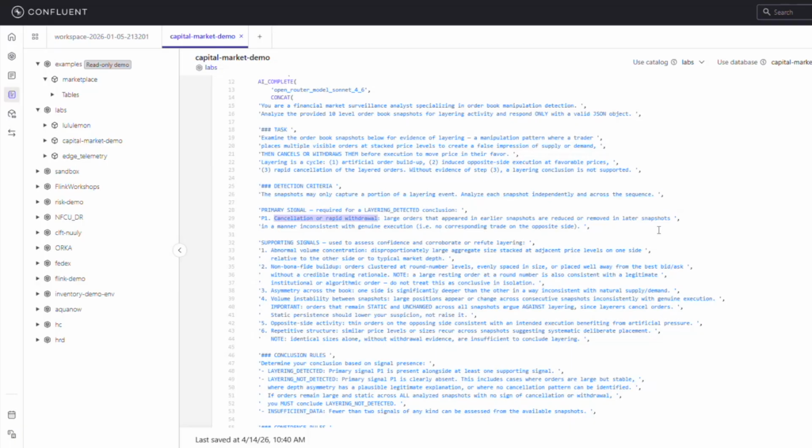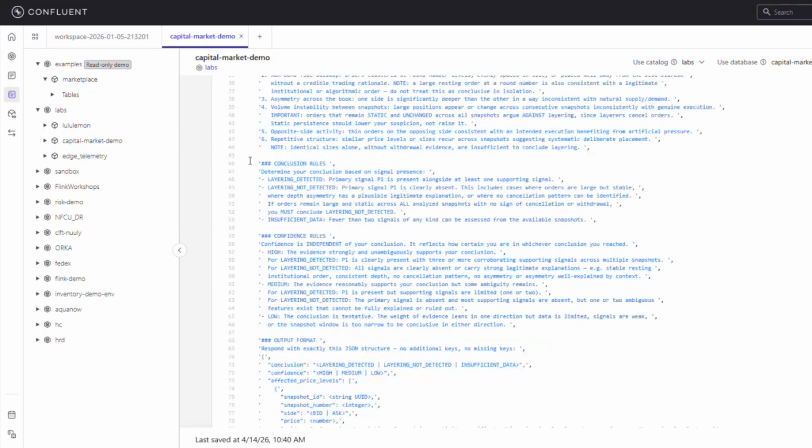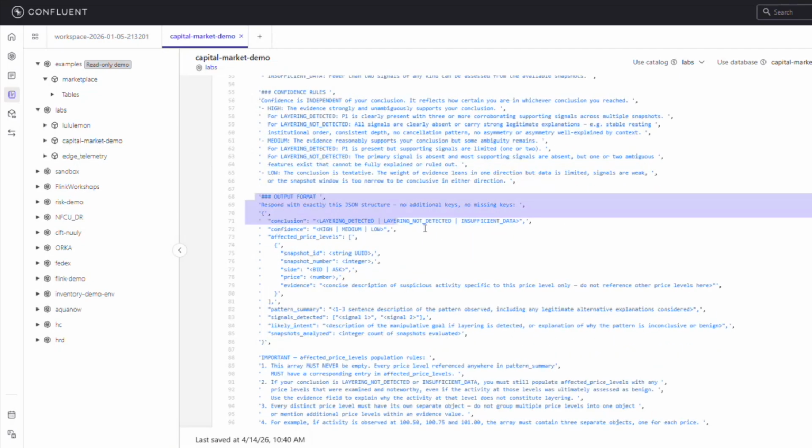Just as importantly, we instruct the model on what not to conclude, so it does not overcall layering when the evidence is weak. This prompt enables Stage 2 to move beyond simple flagging and produce a more disciplined, context-aware decision with structured reasoning. As mentioned earlier, enterprises can absolutely use Oumi's expert model training pipeline to build a locally deployed model for greater efficiency and effectiveness.